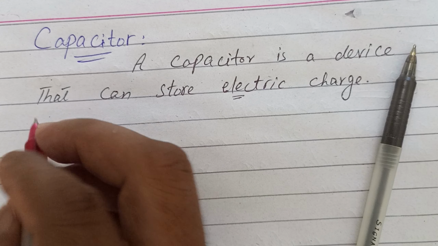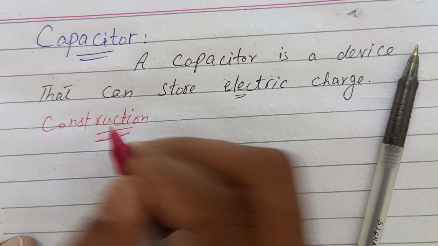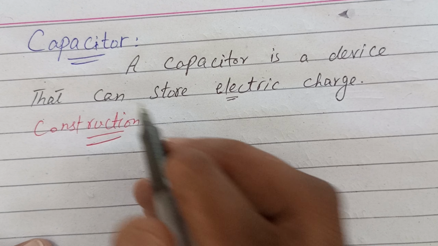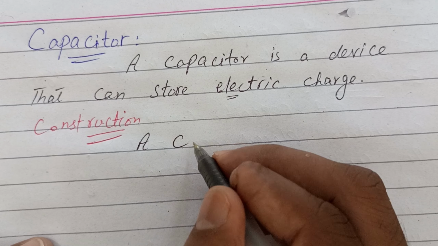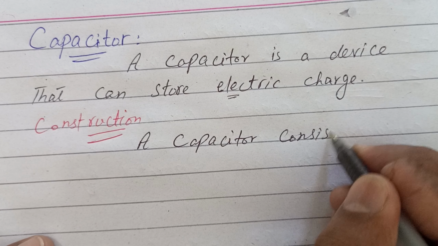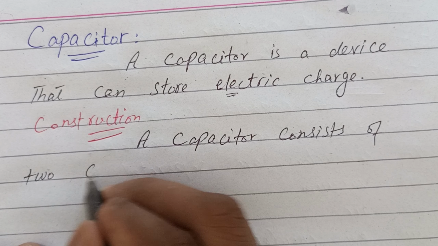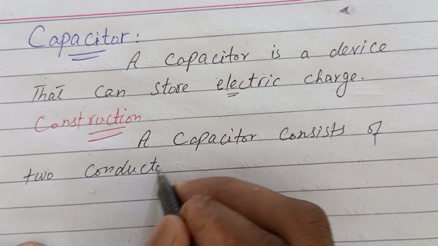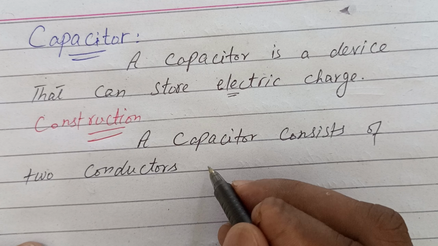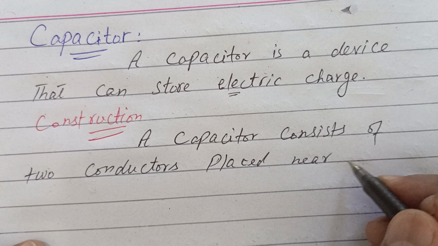Now we talk about the construction of a capacitor, or we can say that we shall talk about the geometry of a capacitor. So, a capacitor consists of two conductors, and the two conductors are placed near each other.